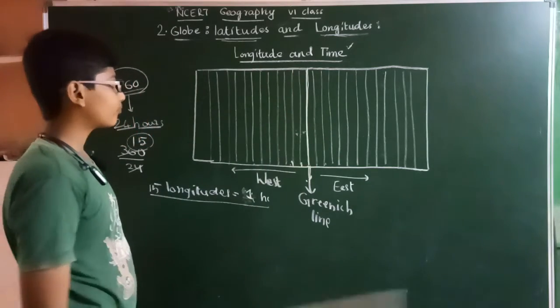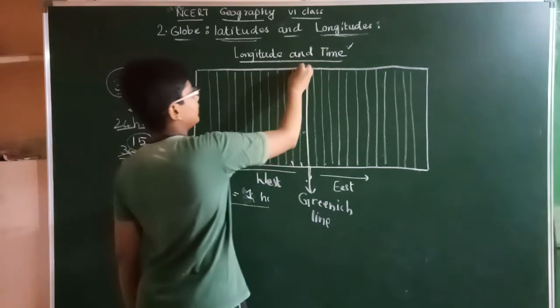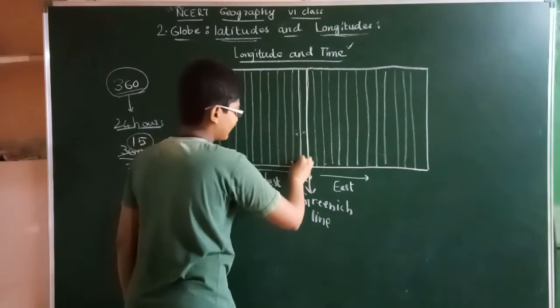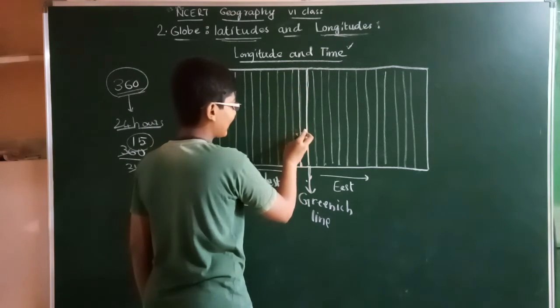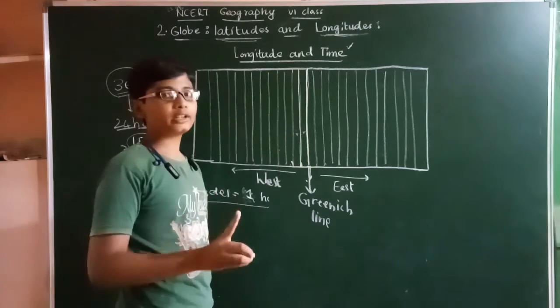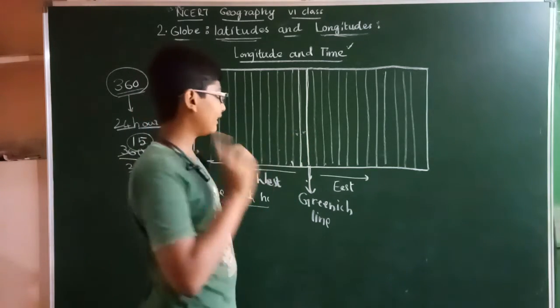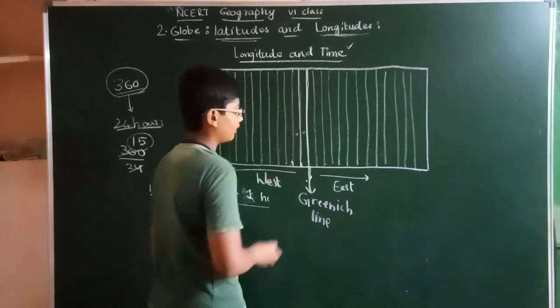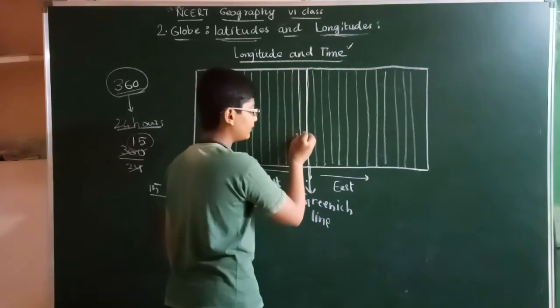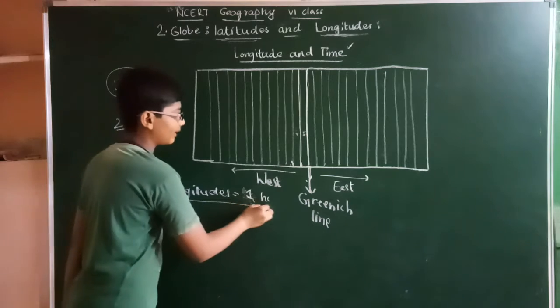Now suppose this line is 15 degrees. One longitude represents 1 degree, in total 360 degrees. So 15 longitudes, that is 15 degrees, will be equal to 1 hour.